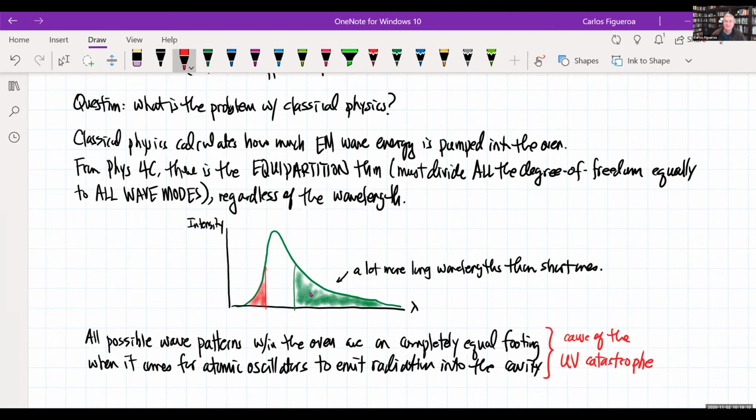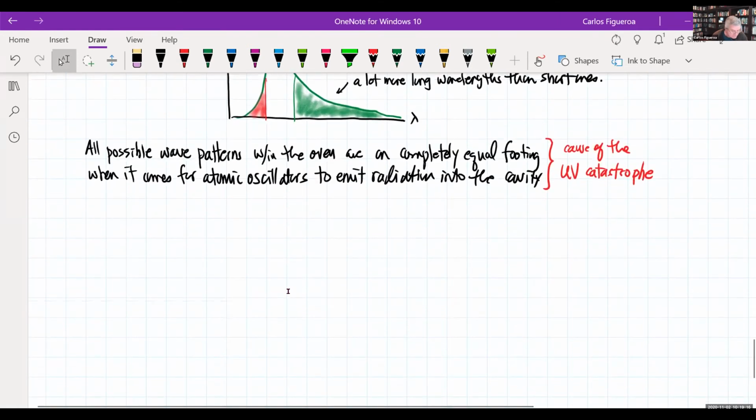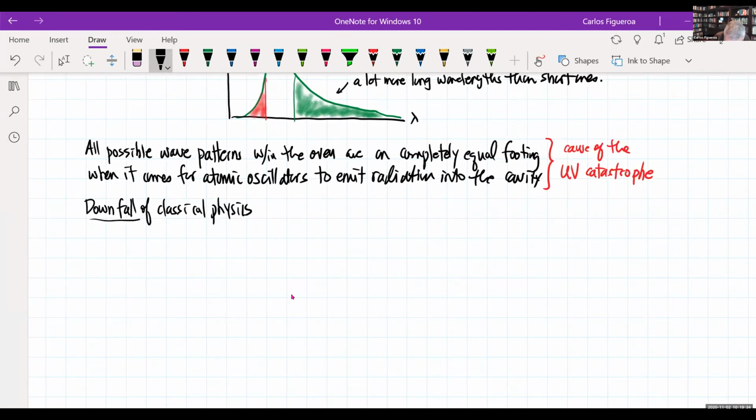So how could they be symmetrical, given that? So here's the downfall now. Even though I've said it, let's spell it out: the downfall of classical physics. Let's just list them up. Here we go.